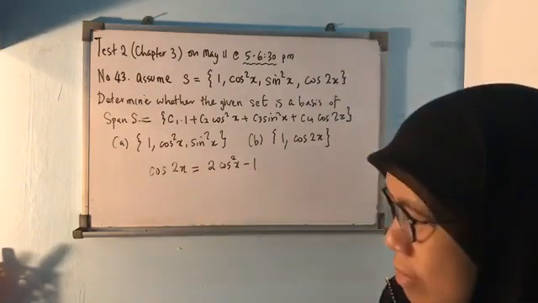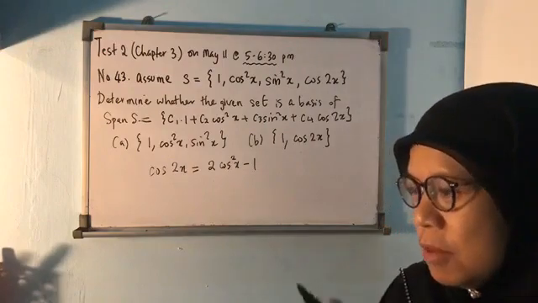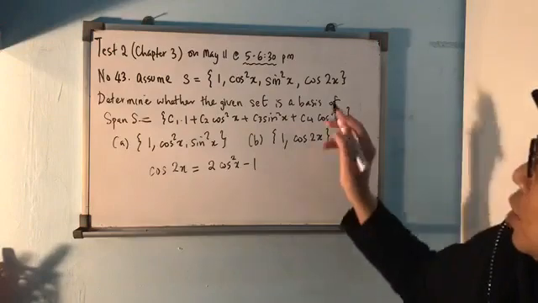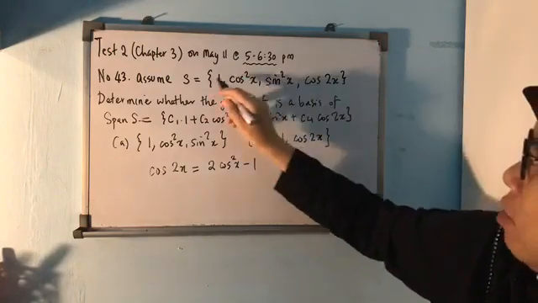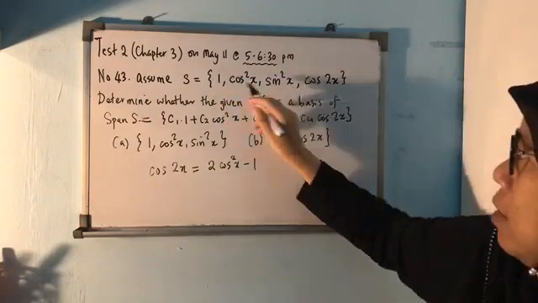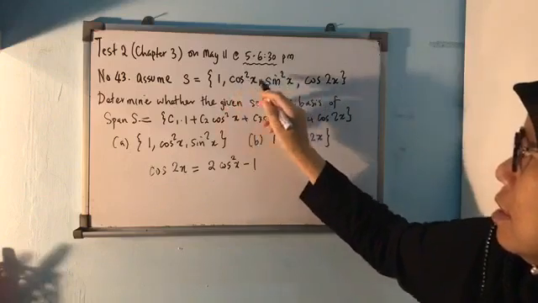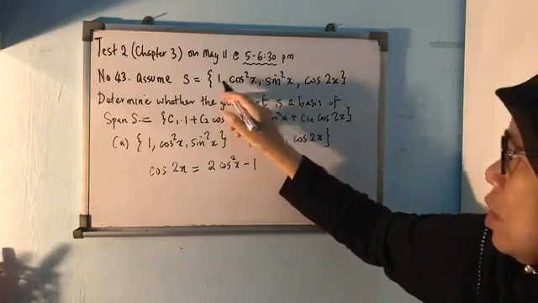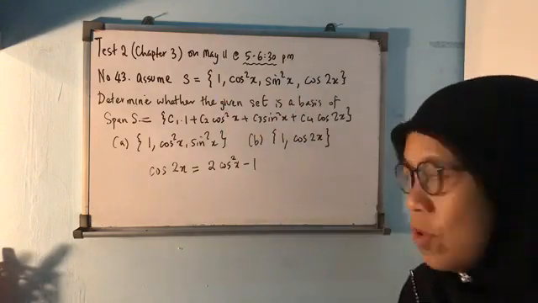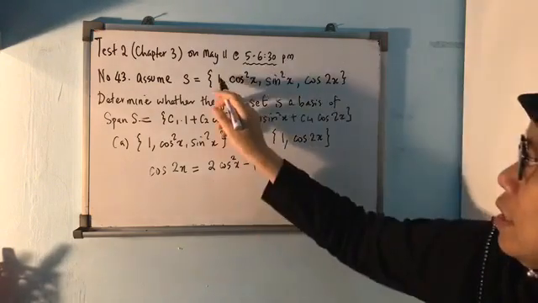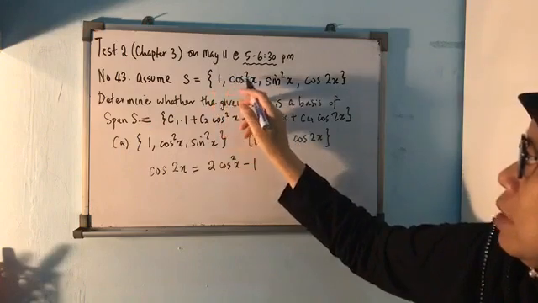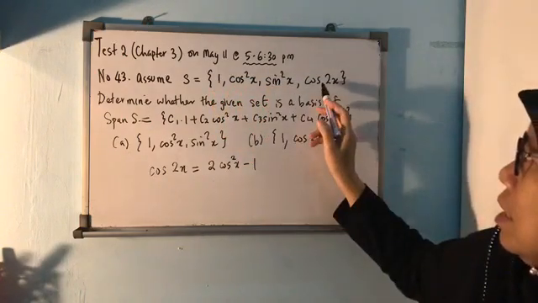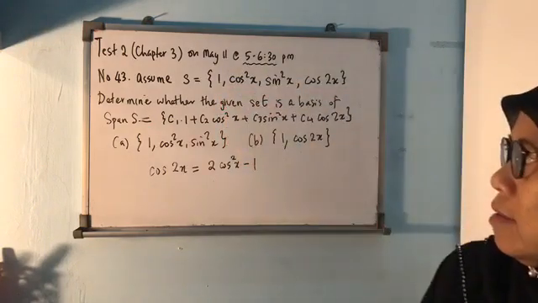So you see that span of S is span of just these 3, but cosine squared plus sine squared is already 1. So this is already a linear combination of these two, so you don't actually need this and this.